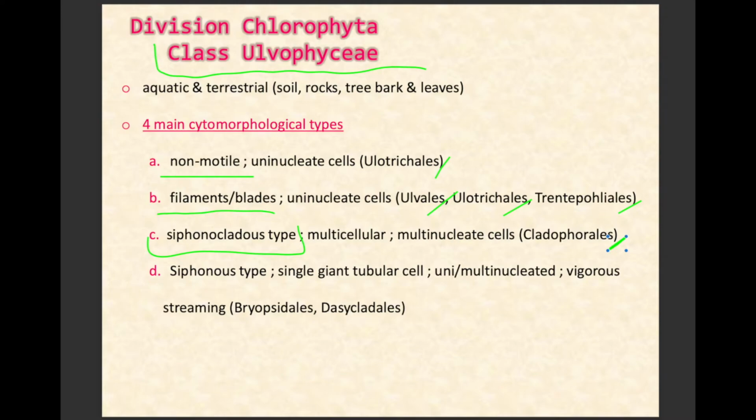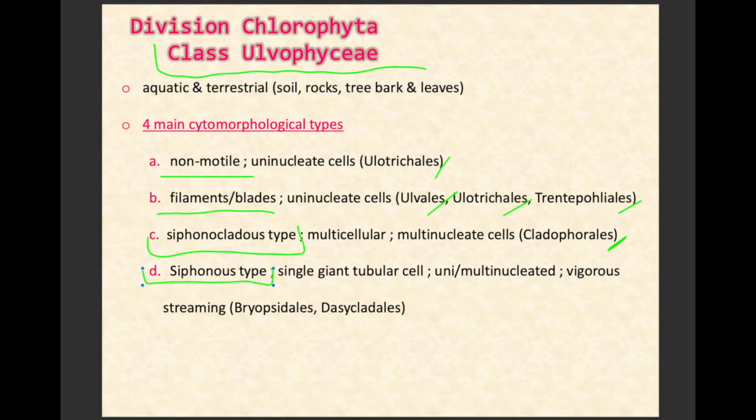Multicellular siya at multinucleated. But for the case of Siphonous type, these are single giant tubular cell. They can either be uninucleated or they can have multinucleated na single giant tubular cell. Okay?